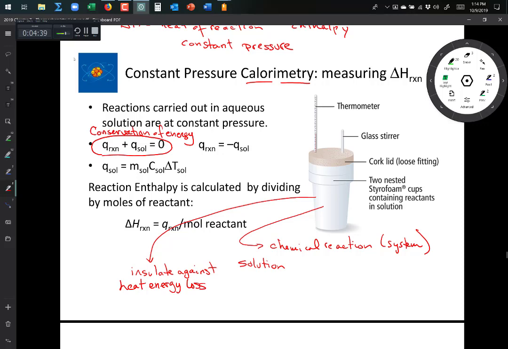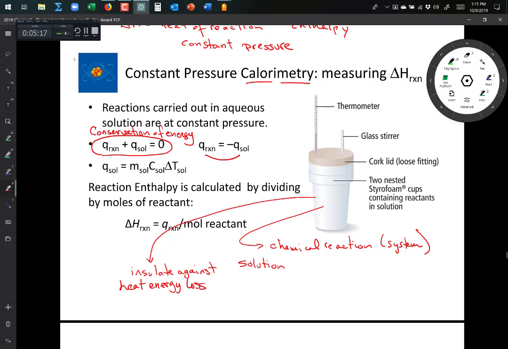So basically, we're going to say that whatever energy is lost by the reaction is picked up by the solution. It's exactly the same amount, just the signs are different. And that's what this is. Whatever one gains, the other loses. Because we're conserving energy by putting it in an insulated cup, we can say it's equal to 0, and we know one is equal to the other but opposite in sign.